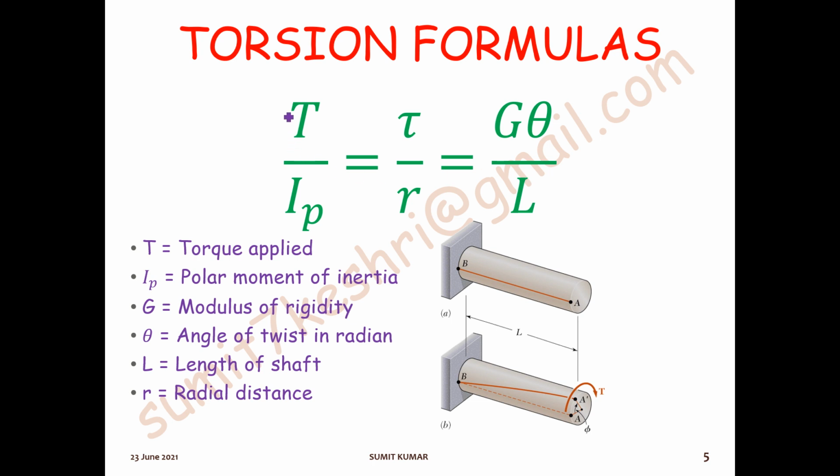If you consider these two terms, you can write T by IP equals tau by R. So the shear stress tau equals T into R by IP.